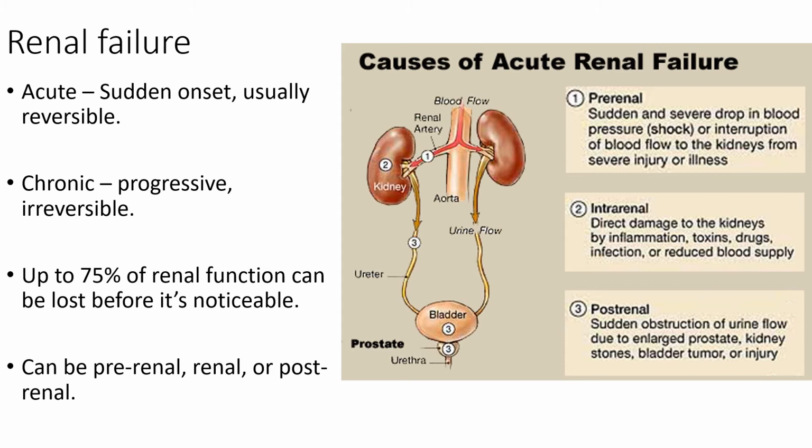And you can have post-renal, which means obstruction to the outflow of urine somewhere along the line, something like an enlarged prostate, or even a blocked catheter, or a tumour. So renal failure itself, weirdly enough, can be pre-renal, renal, or post-renal.